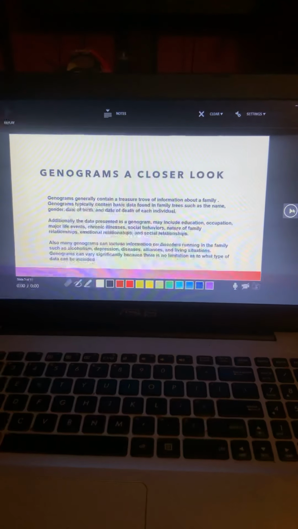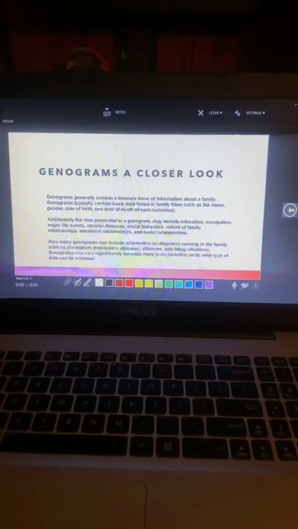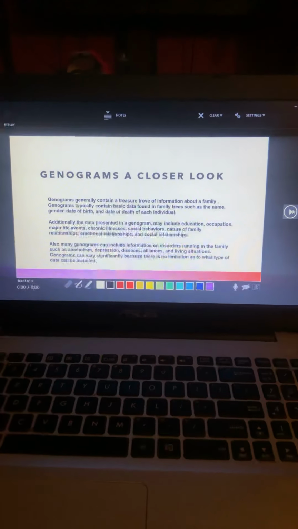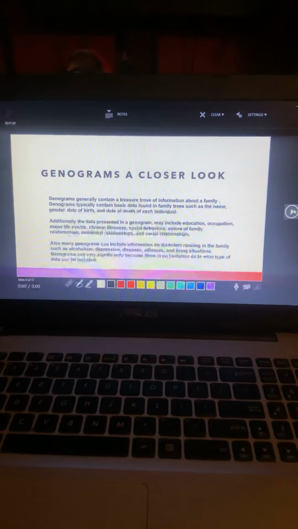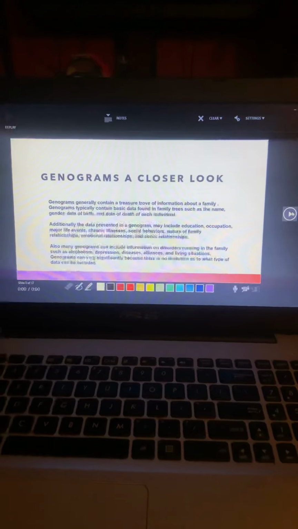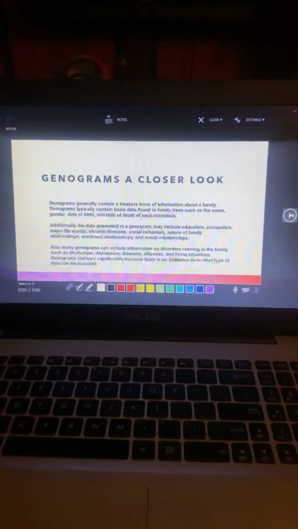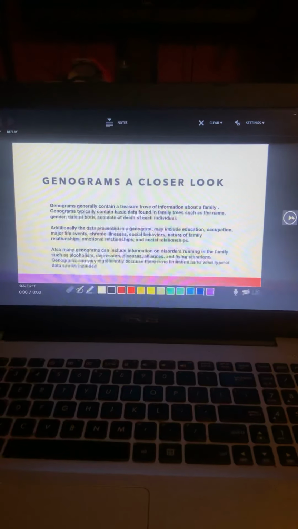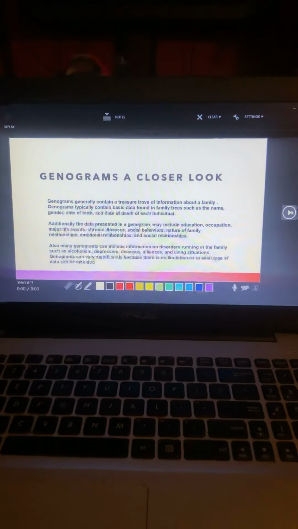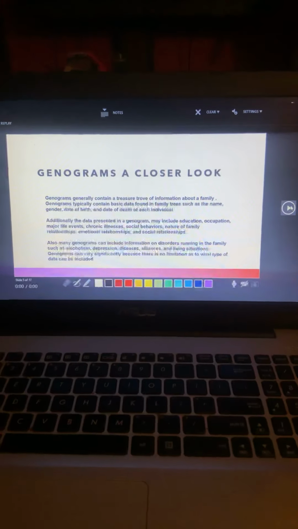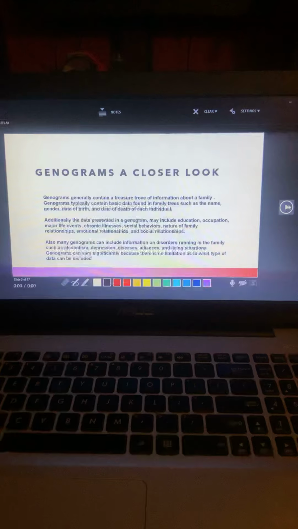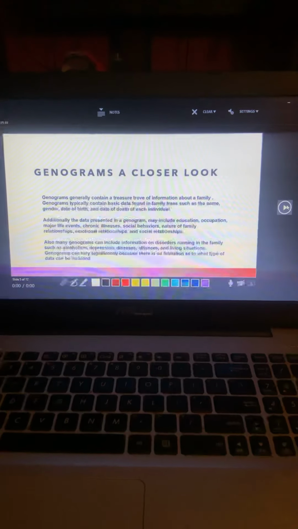Additionally, the data presented in a genogram may include education, occupation, major life events, chronic illness, social behaviors, nature of family relationships, emotional relationships, and social relationships. So see, like we're talking, it's getting deeper into the specific relationships of individuals in this family.